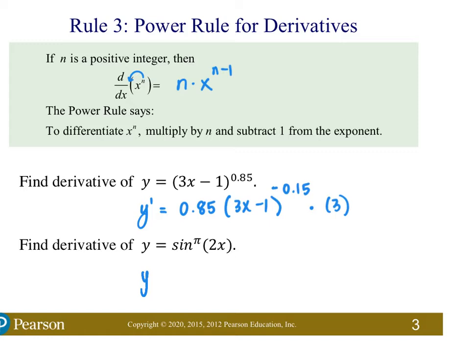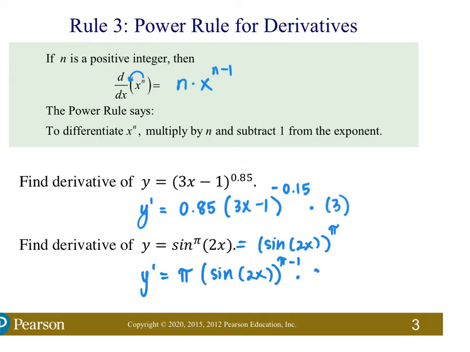It works on irrational numbers, like pi. So y prime, remember that this means the sine of the quantity 2x to the pi power. And so pi would move in the front. We'd have the sine of the quantity 2x. We would decrease this by 1. So it's not going to be a rational number. It'll be an irrational number, and you just leave it as decreased by 1.